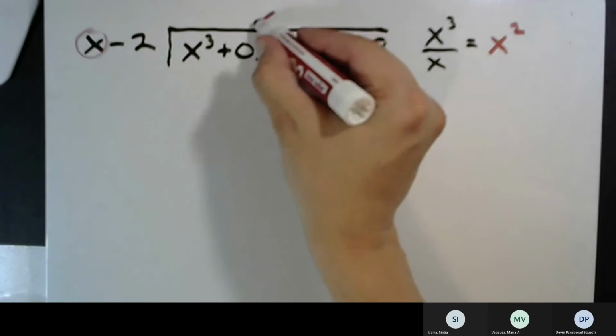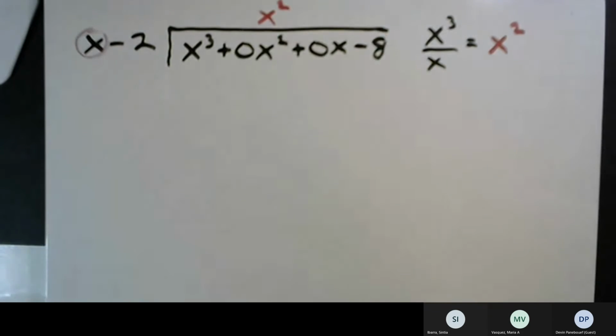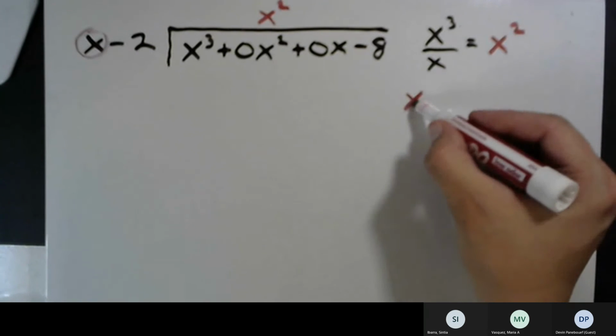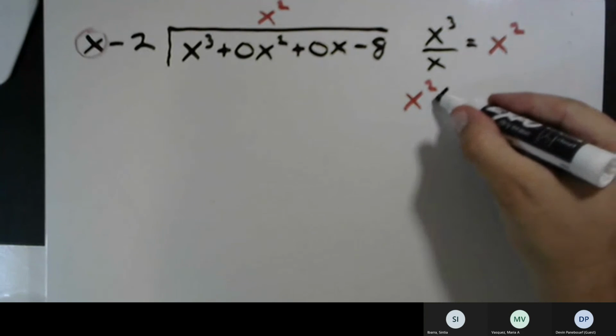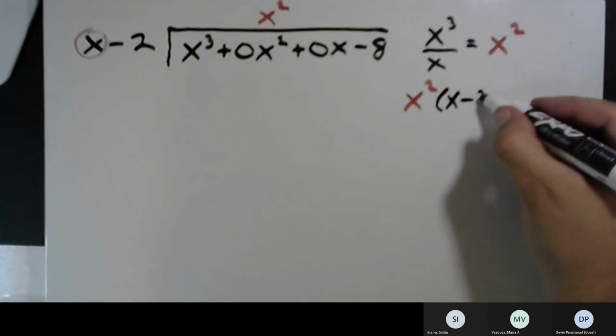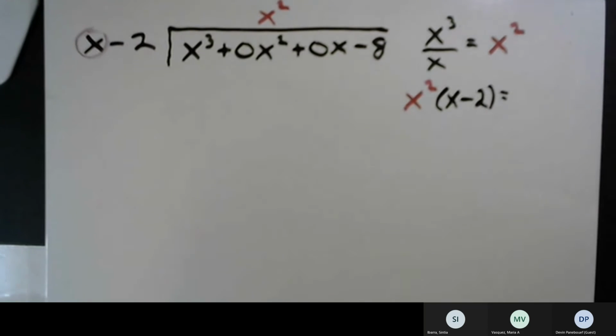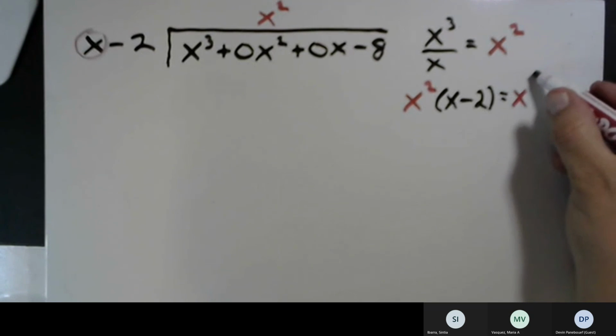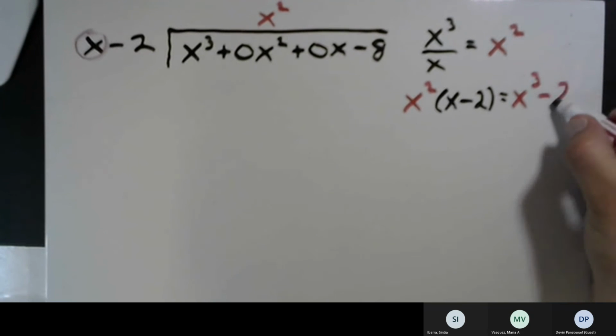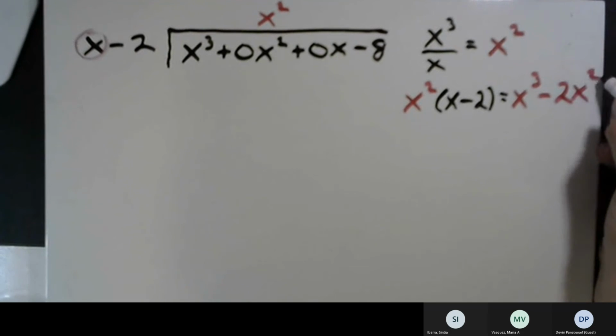So we put an x squared in the x squared column. And then we take the x squared and multiply it to the entire divisor, x minus 2. And that's going to get us x cubed minus 2x squared.